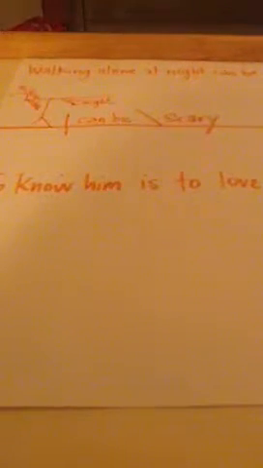And our next sentence is when we use infinitive phrases as nouns. And in this particular case, to know him is to love him. It's infinitive noun phrases, and it's our subject and our predicate. And to do this, we're going to start like we always do with our baseline.